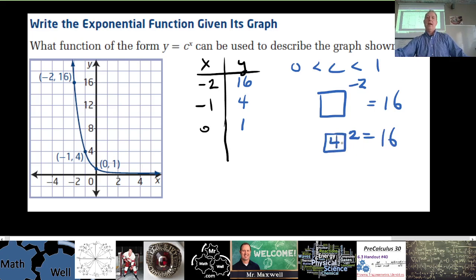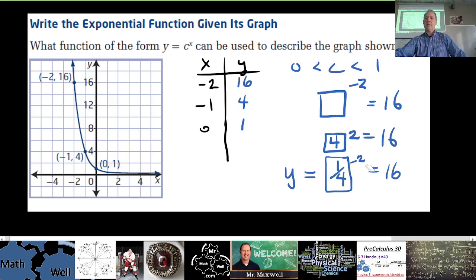Now, if I wanted some number that had a negative 2 as an exponent, that negative, remember, flips things. So I would need to flip or take the reciprocal of 4. So if I did that, this is what it would look like. And would that still equal 16? Yeah. So now I go backwards. Y equals, my base here appears to be 1/4.